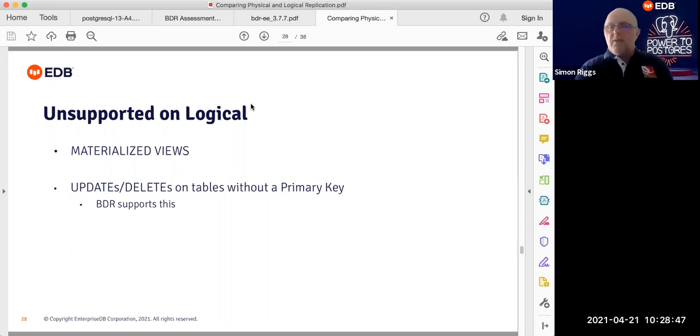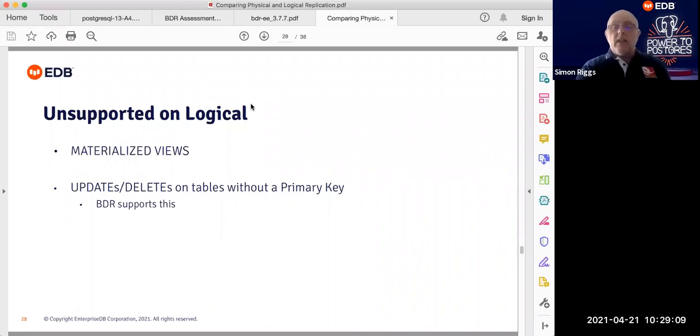So materialized views don't work in the way that we would like them to, and also updates and deletes are only possible with logical replication when you have a primary key index, because you need that to be able to identify the row.